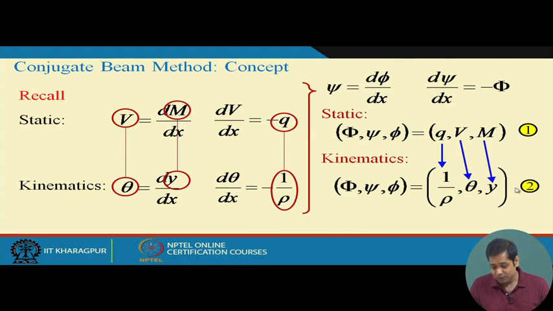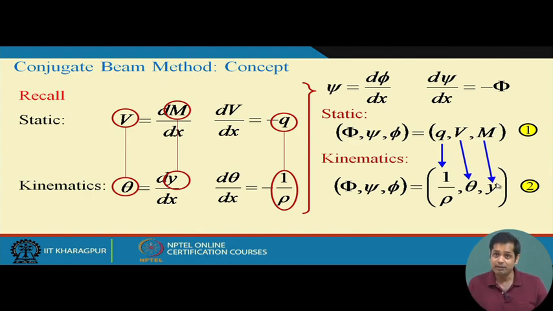Now in system 1, suppose q is replaced by curvature of system 2. Then automatically the shear force of system 1 becomes the slope of system 2, and the bending moment of system 1 becomes the deflection of system 2.